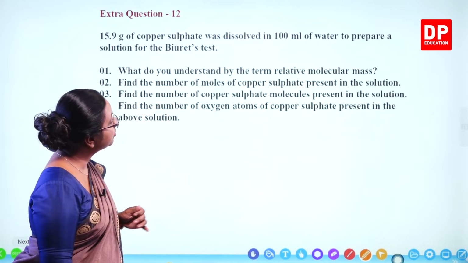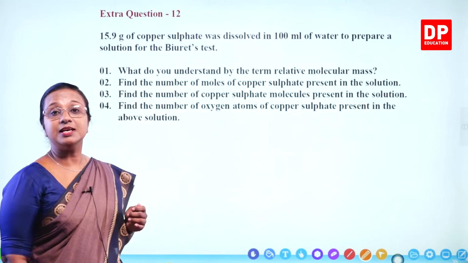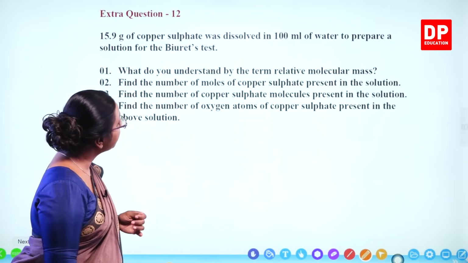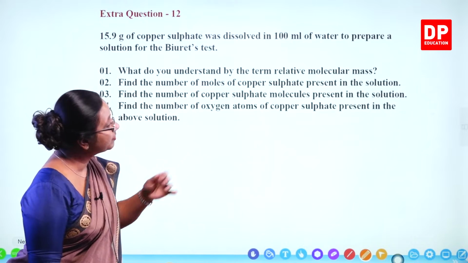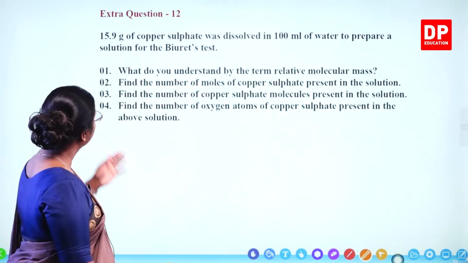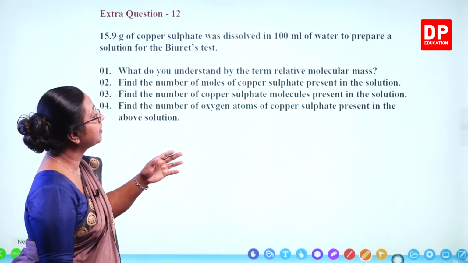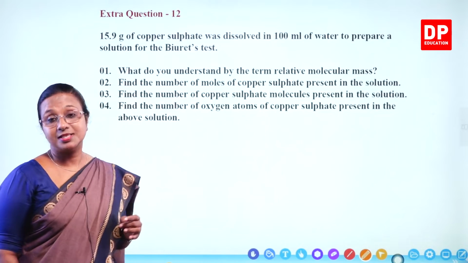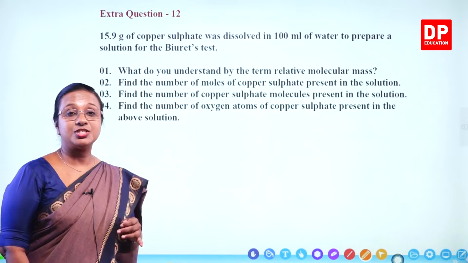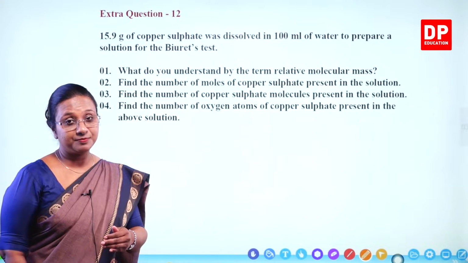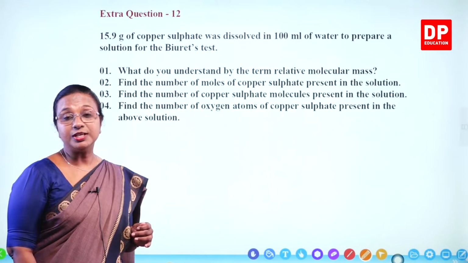Find the number of moles of copper sulphate present in the solution. Find the number of copper sulphate molecules present in the solution. Find the number of oxygen atoms of copper sulphate present in the above solution. So those are the questions that you need to answer. So I will move on to the first question.